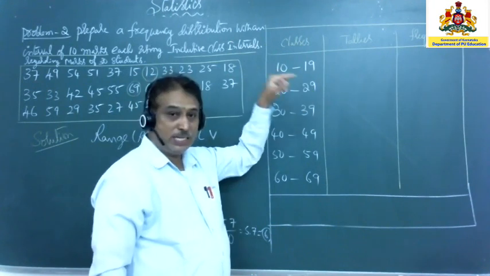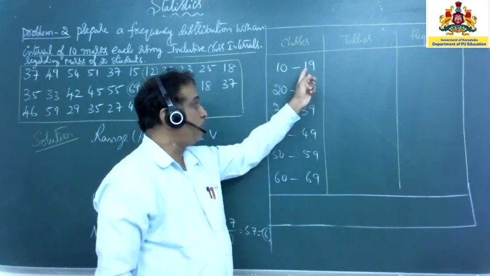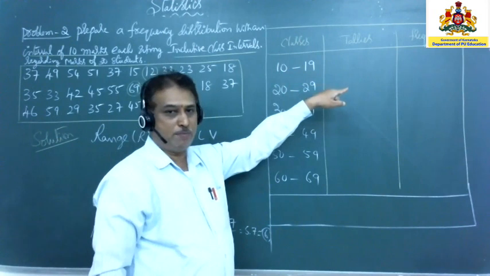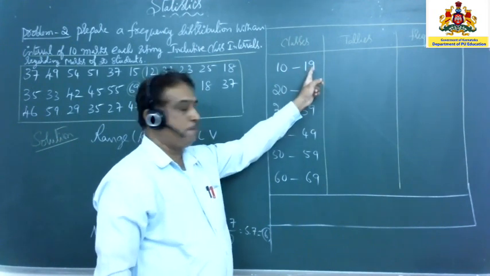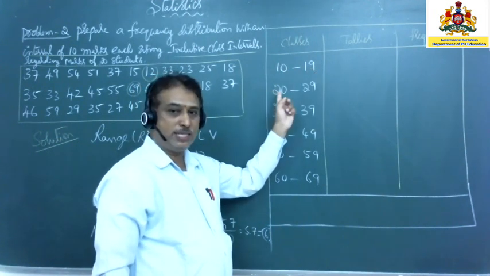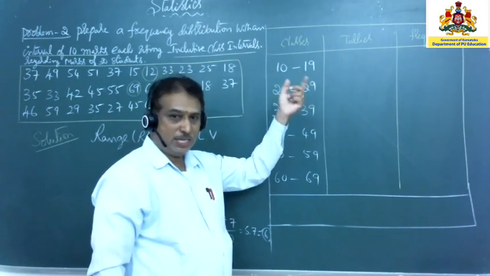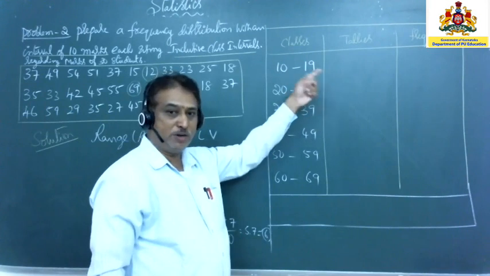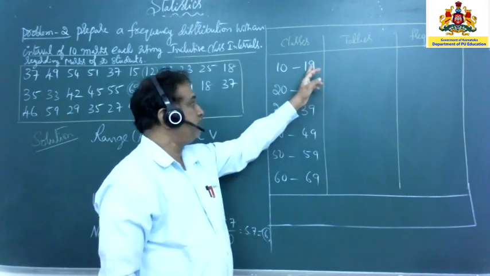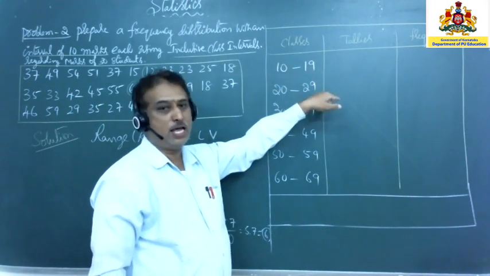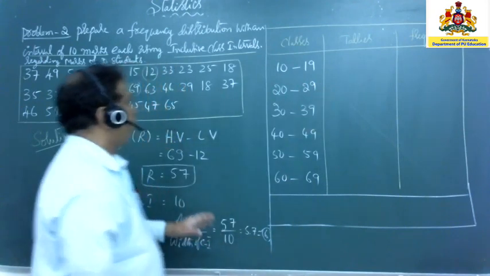But here it is the inclusive type of class interval, so we have to include the upper limit. That's why here the upper limit of the first class is not the same as the lower limit of the next class. There is a gap between the classes, so we include the upper limit.